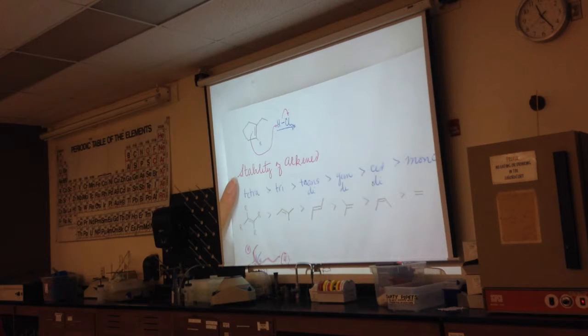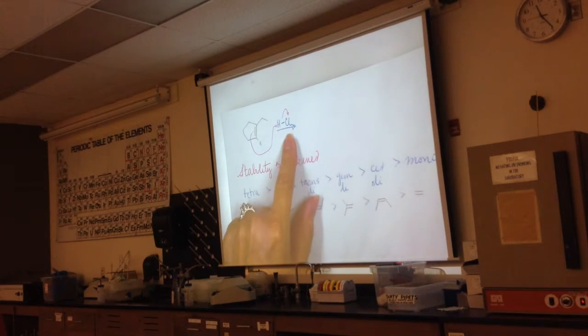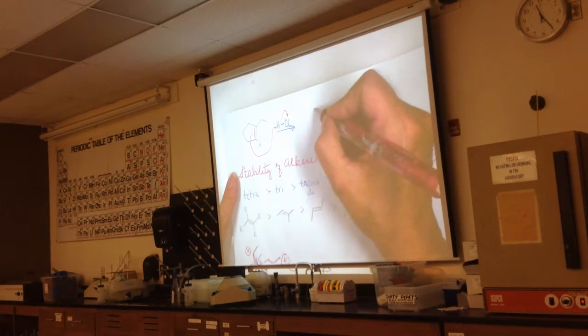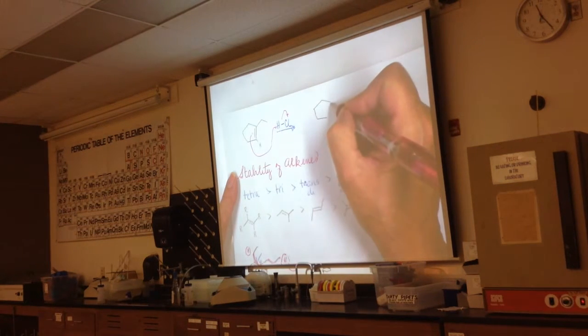Okay, the gentleman's name was Markovnikov. Markovnikov says when you're adding an unsymmetrical reagent to an unsymmetrical reactant, you will always generate the most stable carbocation. In plain English, we call this the rich gets richer.